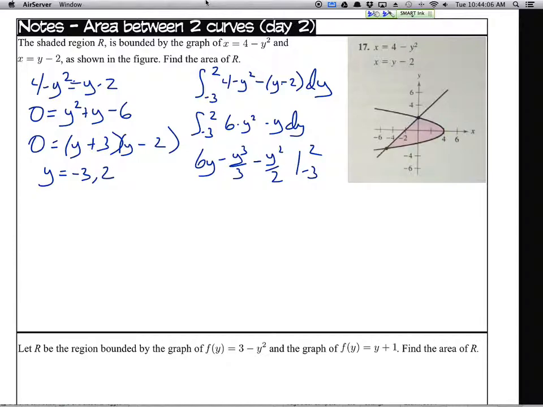Plug in the 2 first. That's 12 minus 8 over 3 minus 2. Plug in the negative 3, that's negative 18 plus 9 minus 9 over 2.